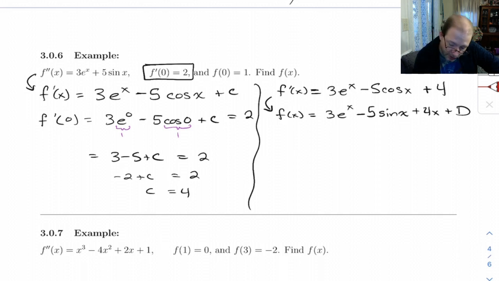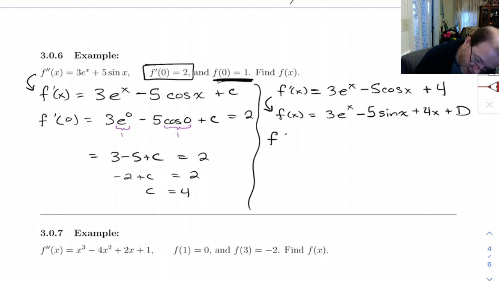Now we've got to use this bit of information to solve for d. All right, f of 0, for the interest of space, I'm going to go ahead and plug this in. This is going to be 3 times e to the 0, so that's going to be 3. Sine of 0 is 0. 4 times 0 is 0.